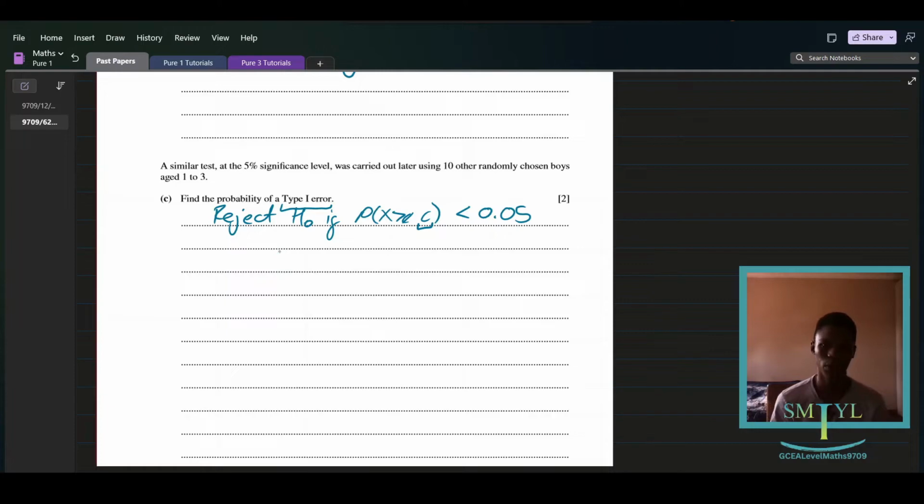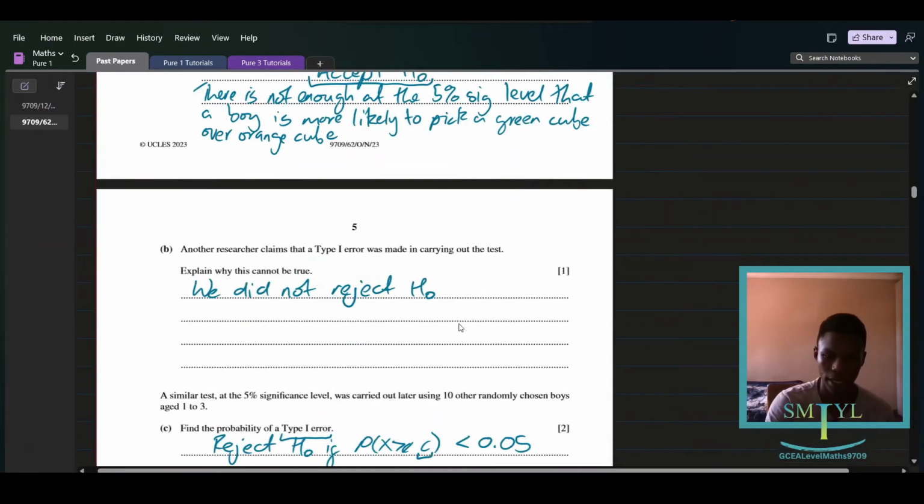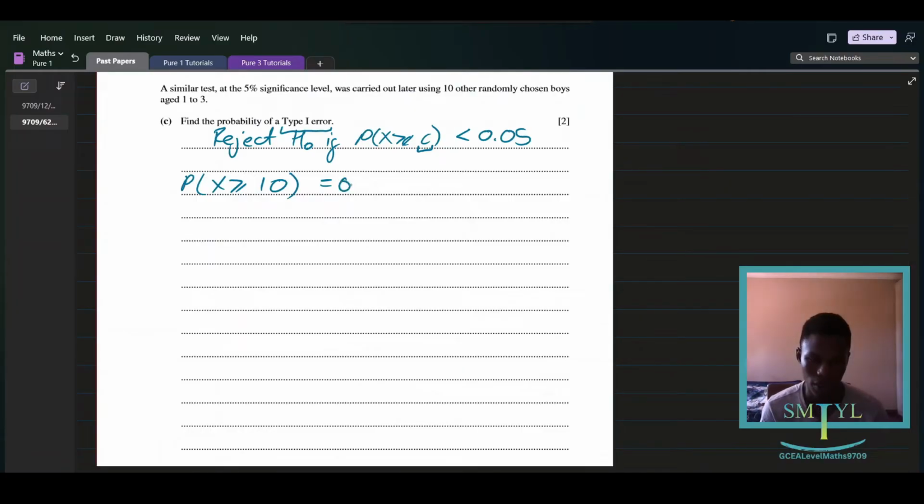So to do that, we're going to use trial and error. So now let's start with when X is greater than or equal to 10. So the probability that X is greater than or equal to 10. We actually did calculate this in an earlier part. That's 0.5 to the power 10.